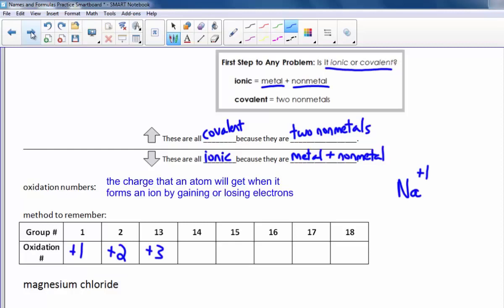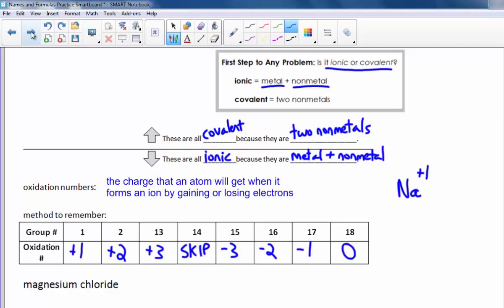Anything in group 15 has an oxidation number of minus 3. Group 16 has a charge of minus 2. Group 17 elements form a negative 1 charge, and group 18 elements, they don't bond with anything, and so they have an oxidation number of 0. Now for group 14, you'll never be asked about the oxidation number of any element in group 14, and so we're going to write skip right here.